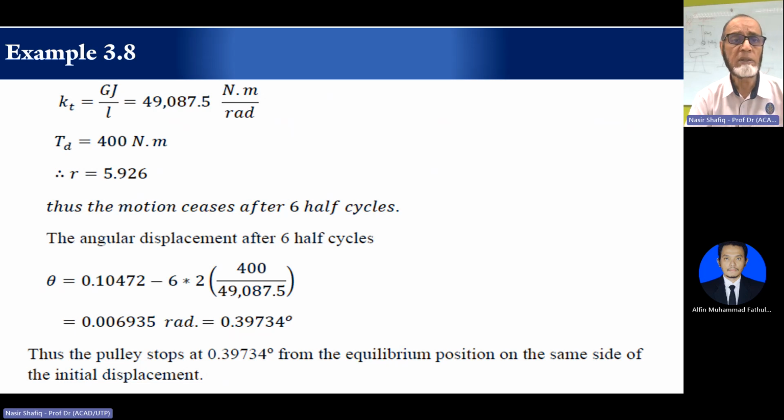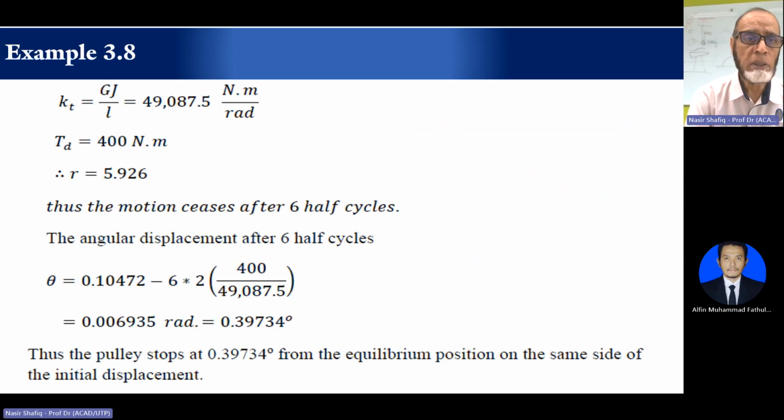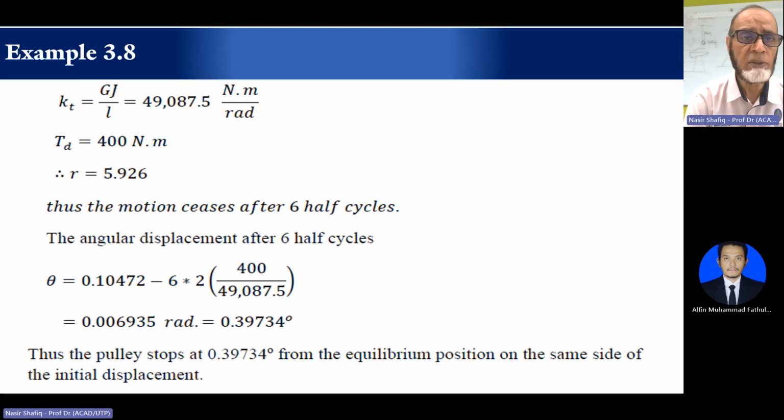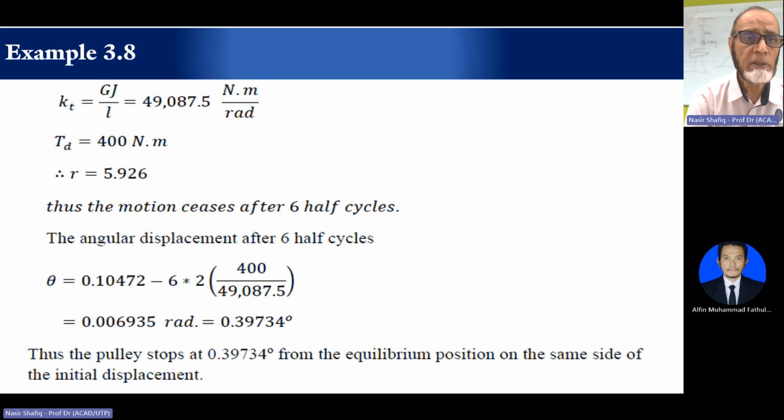So Kt is the torsional rotational stiffness, and the formula is GJ upon L. The mass moment of inertia is 25 kg meter square, and the length is 1 meter.